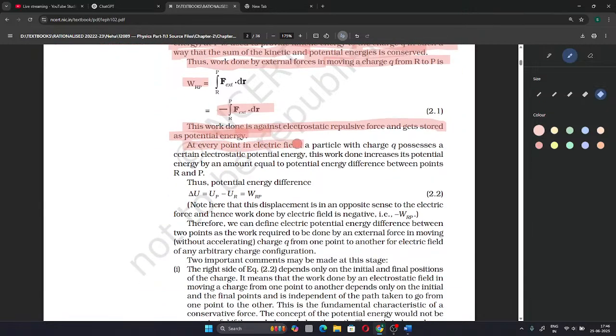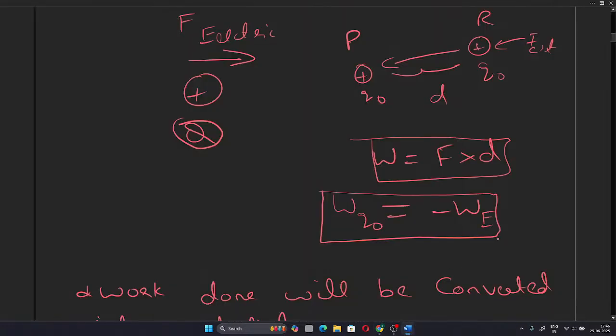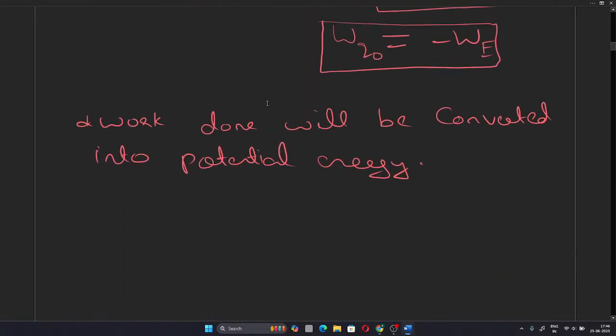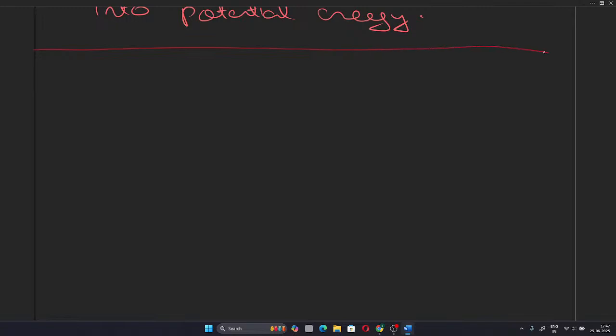At every point in the electric field, a particle with charge q possesses a certain potential energy. So the paragraph before: we assume the main charge Q and test charge Q naught.